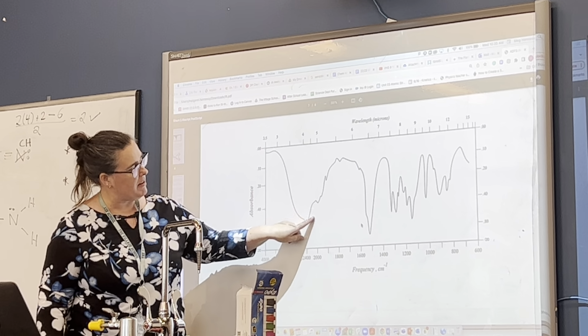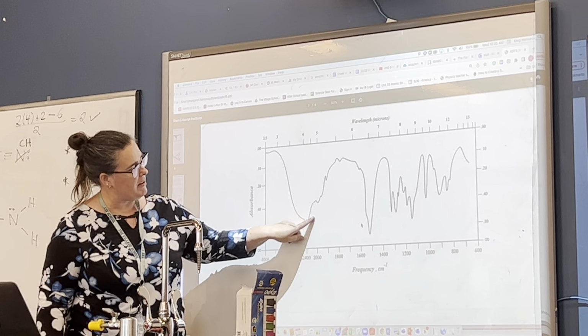The characteristics of a C single bond: two carbons with a single bond. There are thousands of them, so we don't talk about it. It's in the fingerprint region. Why is this not considered a C? This is a CH. It's skinny.